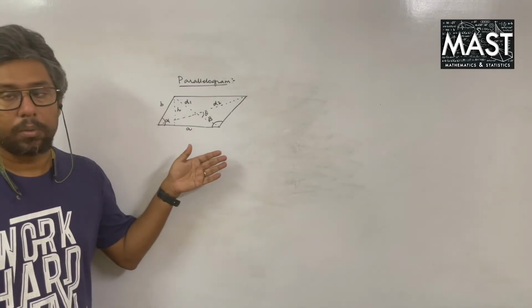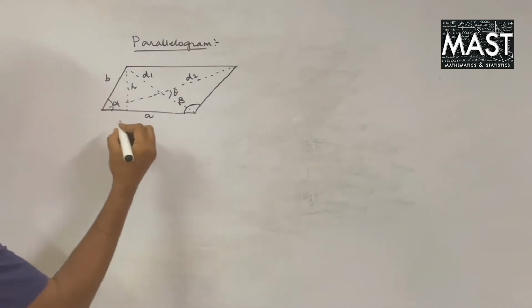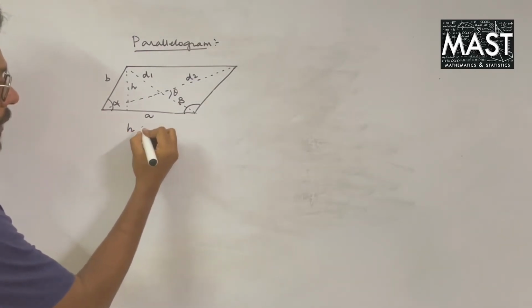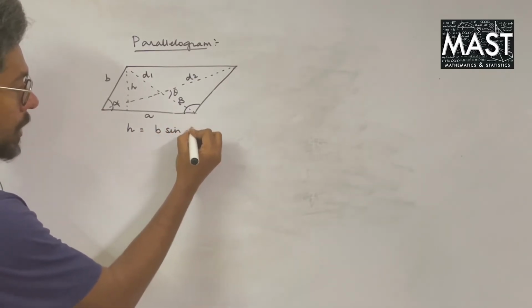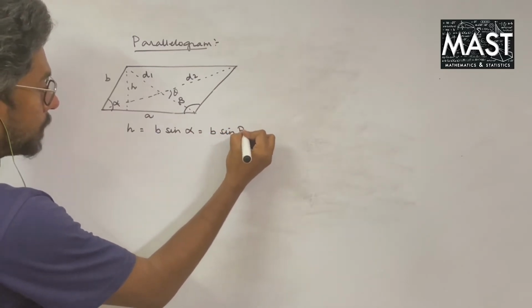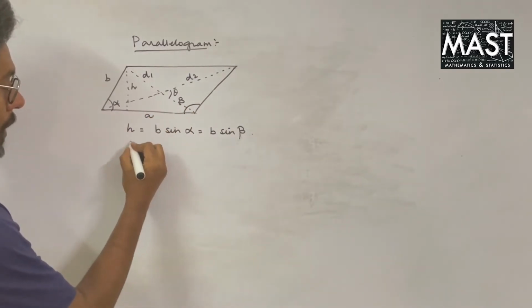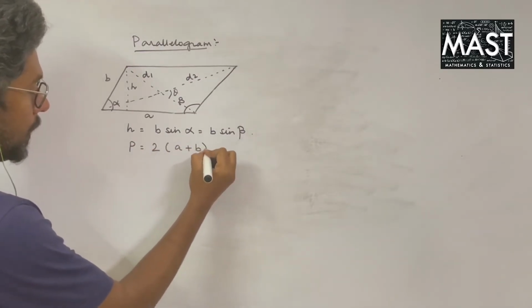The next figure we'll be talking about is a parallelogram whose opposite sides are parallel and equal. If we have to find h, it will be given as b sine alpha or b sine beta. The perimeter would be 2 into a plus b.